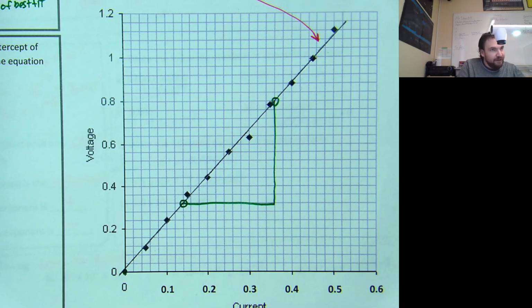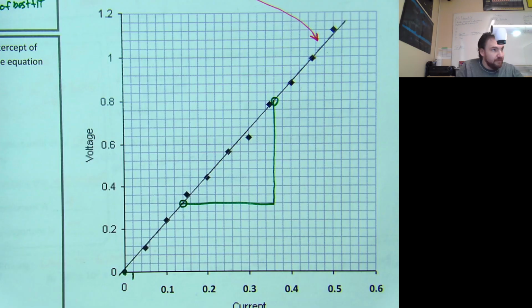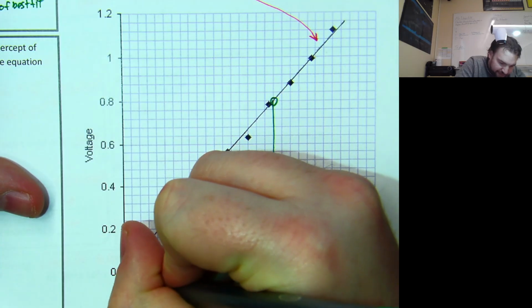So then to figure out what one of these lines is, I take my first major point, my 0.1 here, and I divide it by how many divisions there are between 0 and 0.1. So what is 0.1 divided by 5? 0.02. So every one of these lines is 0.02.